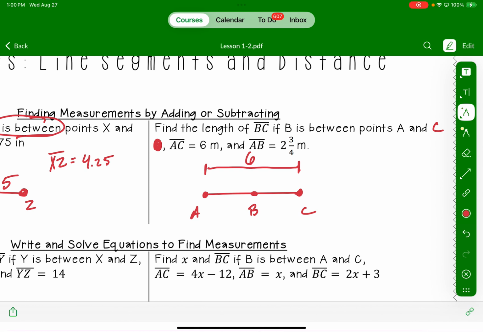And it says line segment AB is 2 3/4. Just by having this picture, this should give us a really good idea of what to do mathematically. How do we find BC? Subtract. BC is going to be 6 minus 2 3/4, which is just 3 1/4. That's it.